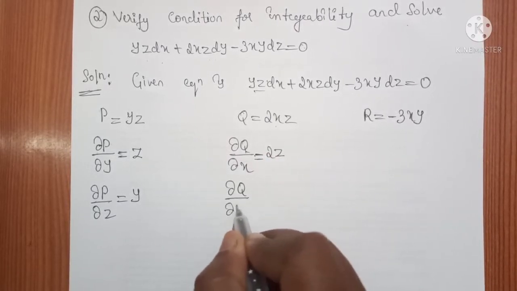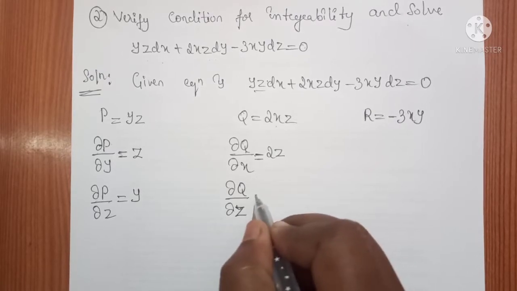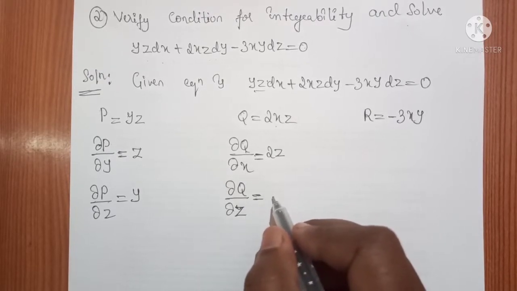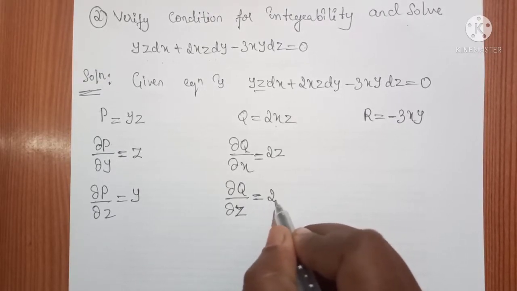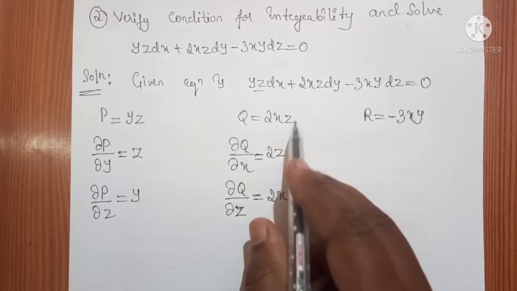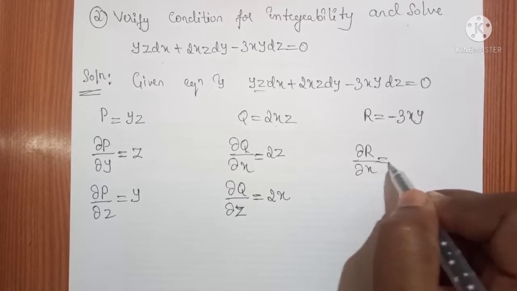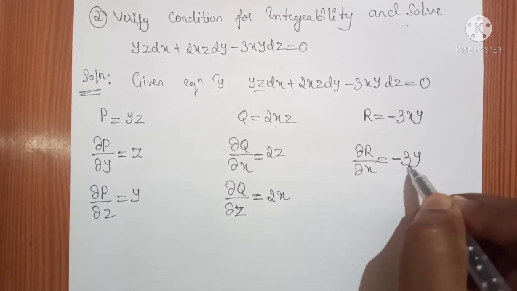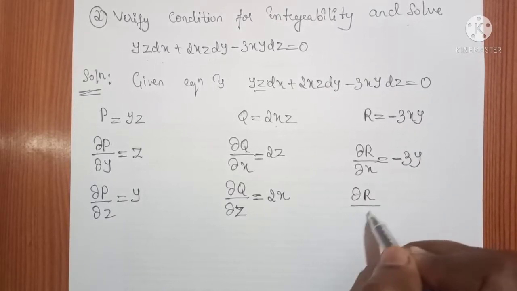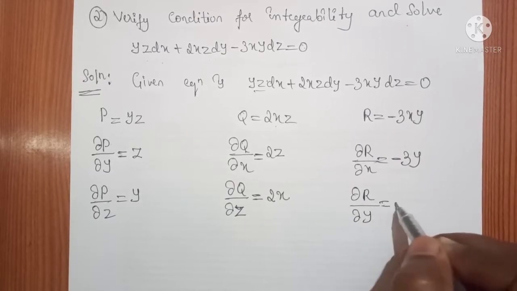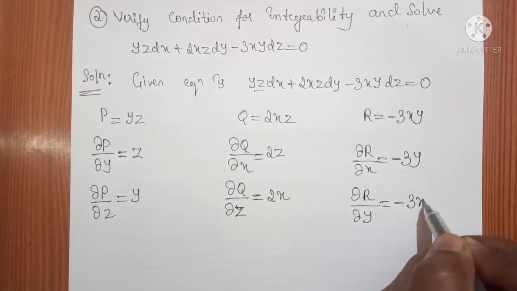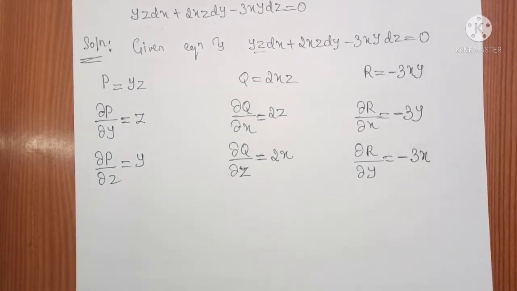Next, dou Q divided by dou z will be 2x, z differentiation is 1. And dou R divided by dou x is equal to minus 3y, and dou R divided by dou y is equal to minus 3x. So these are the partial derivatives.